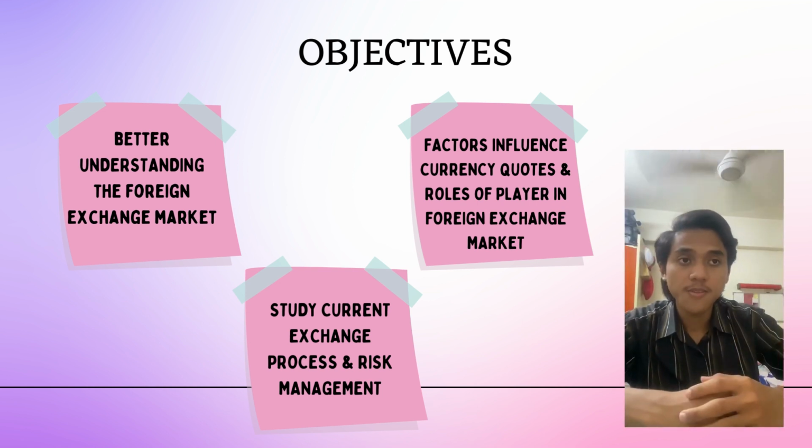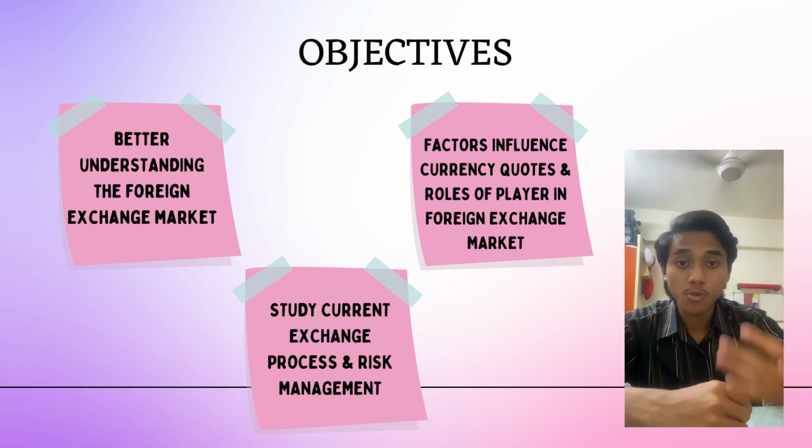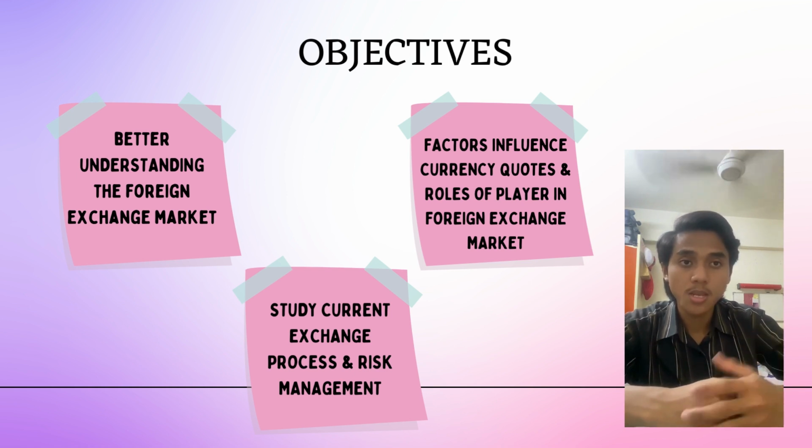Our final objective is to study the currency exchange process, currency risk management, and also the factors influencing currency quotes. Money changers consider variables like supply and demand, economic statistics, central bank policies, and market sentiment to determine exchange rates. Understanding these components helps us grasp currency fluctuations.